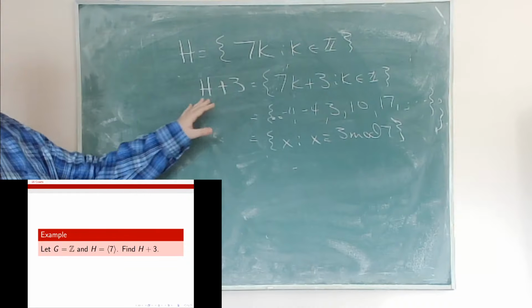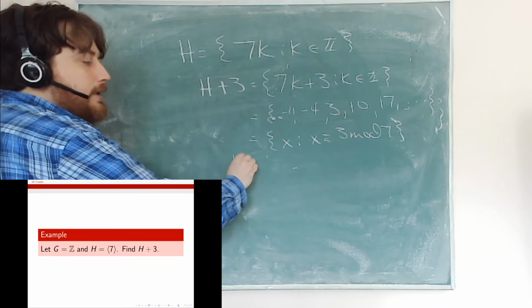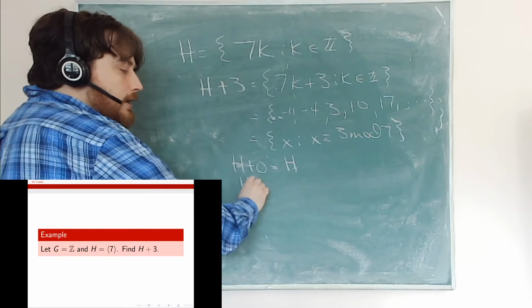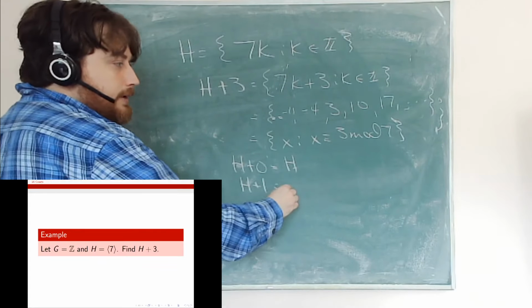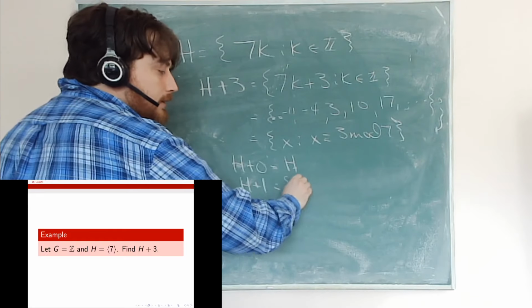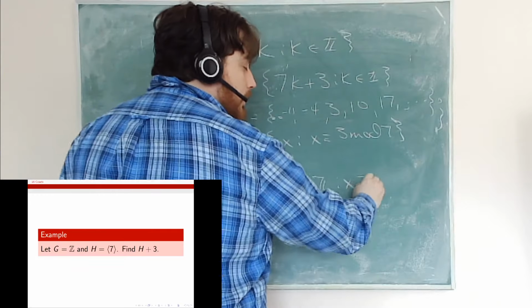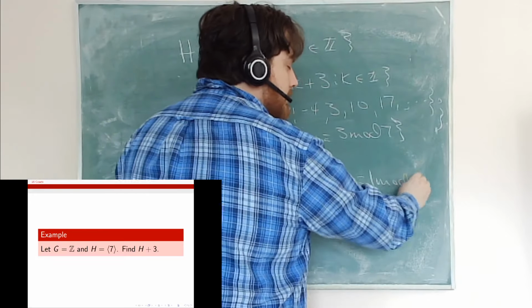Now if I think about the different cosets that are available, H plus 0 is just H, the multiples of 7. H plus 1 would be distinctly different, and that would be all the things that are congruent to 1 mod 7.